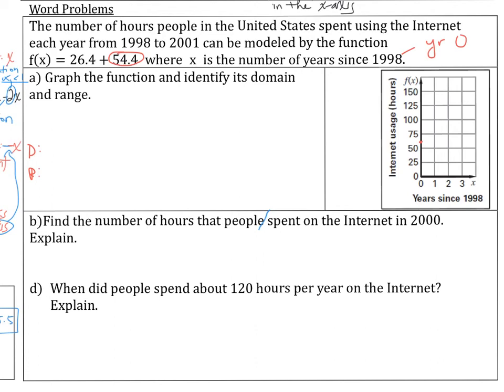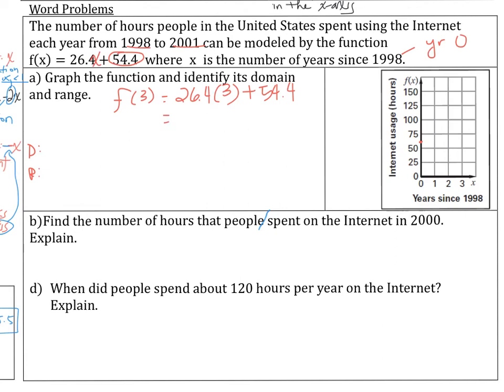Okay, so between 1998 and 2001, we have 3 years. So we can go ahead and take f of 3, 26.4 times 3. Put an x in, I forgot to type it, and plus 54.4.